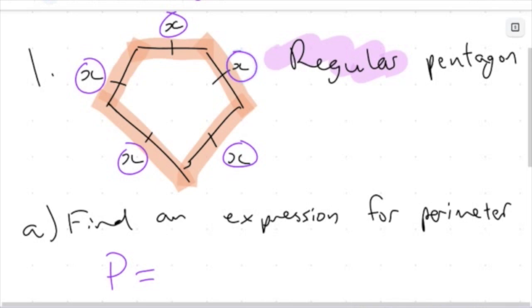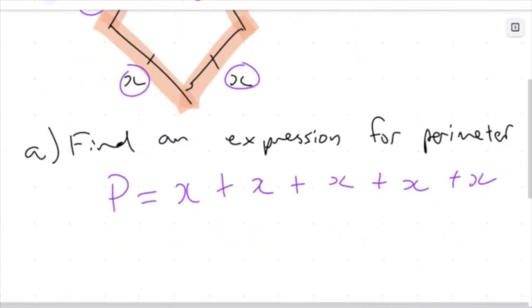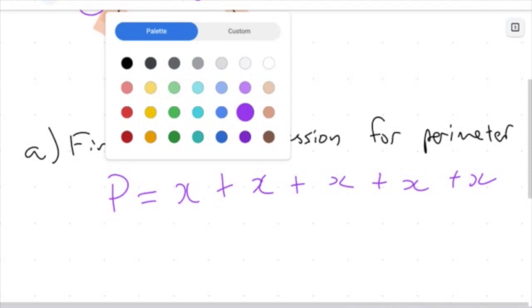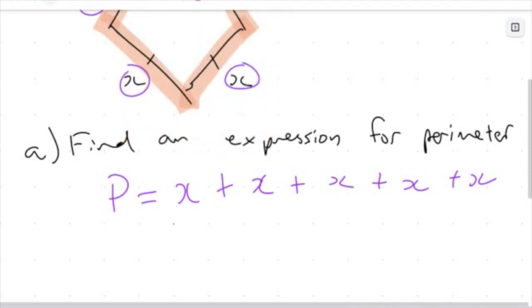I'm going to write this out the long way, and hopefully you'll be able to find a way yourselves to shorten this too. So my perimeter is x plus x plus x plus x plus x. I have 5 x's all adding together, and to shorten this, because I don't want to write all these x's being added together, multiplication gives us a way of abbreviating a bunch of additions of the same number.